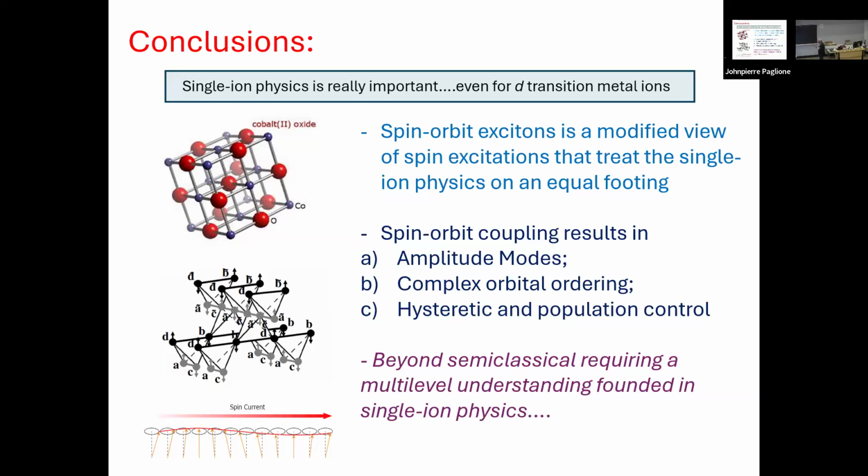And then our recent work thinking about kind of the hysteretic effects that result from this. But hopefully the biggest thing I've left you with is, well, first of all, neutrons are great. But second, that this multi-level single ion physics is actually really important for understanding the ground state properties of transition metal ions in particular.